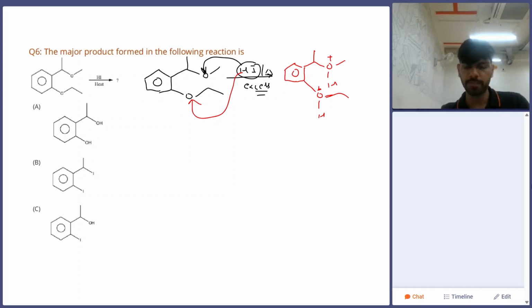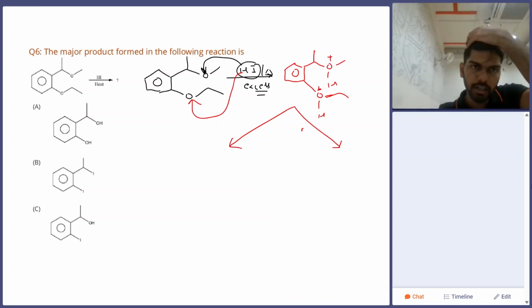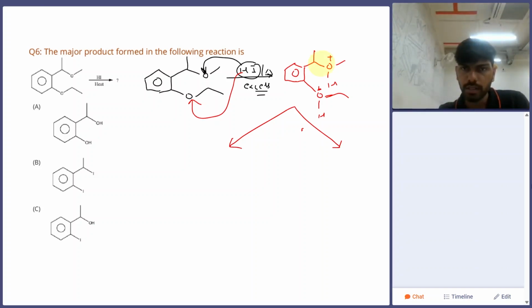Now there are two possible conditions of carbocation formation. First, if I remove this part, CH3OH, then we will get a carbocation like this, transferred inside the ring, with OH and a plus charge.